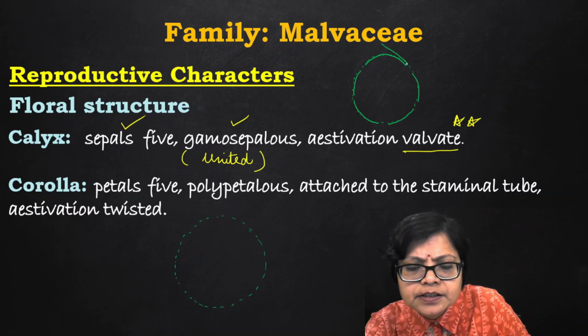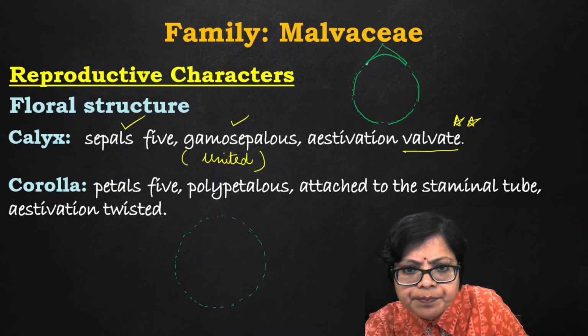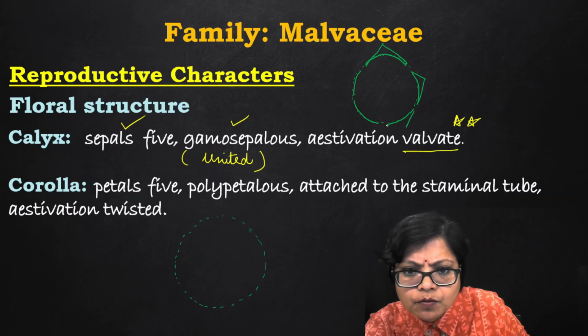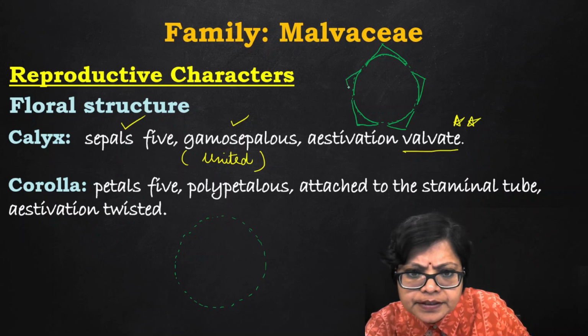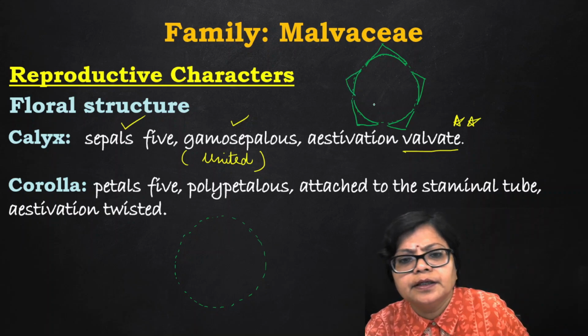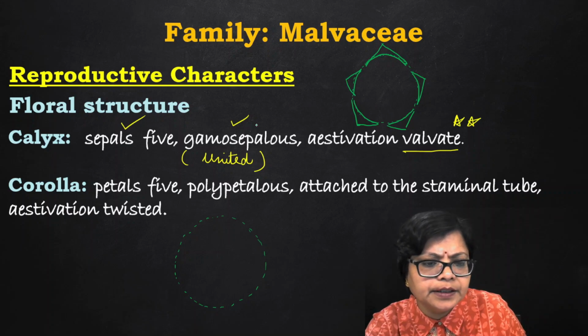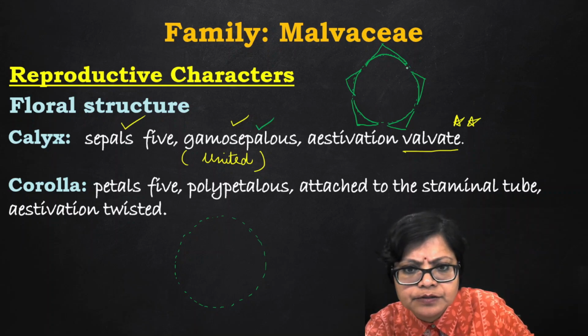The margins of each sepal is not overlapping one another, so they remain present side by side. Valvate estivation, and here it is told gamosepalous means united.